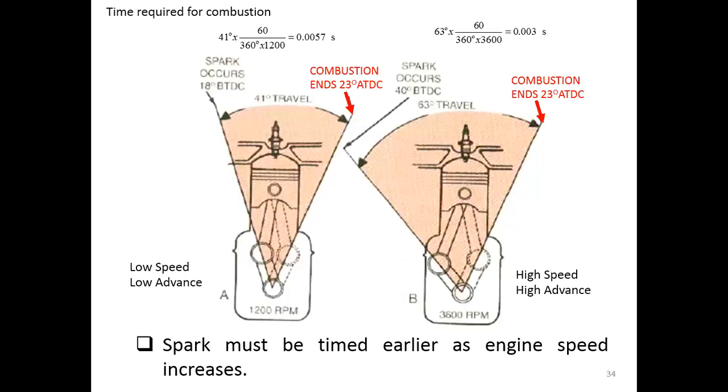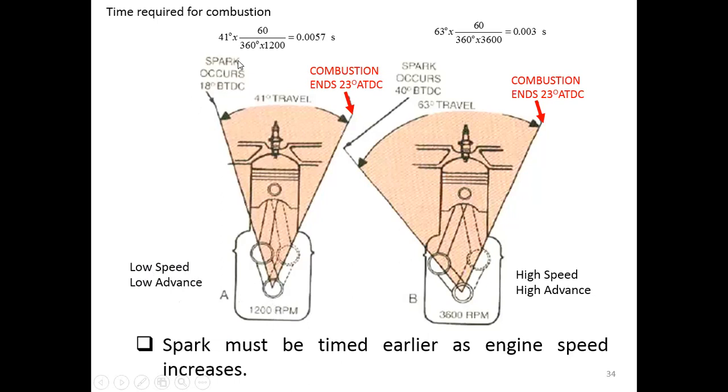This picture gives you the idea. When the engine runs at low speed, you need low advance. Low advance means you can do the ignition closer to the top dead center. So here it's 1200 RPM of engine speed.